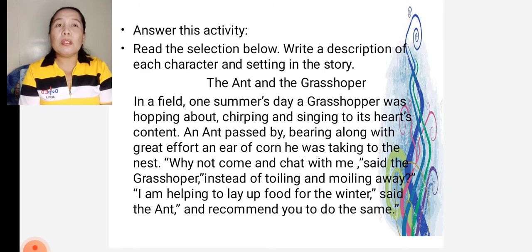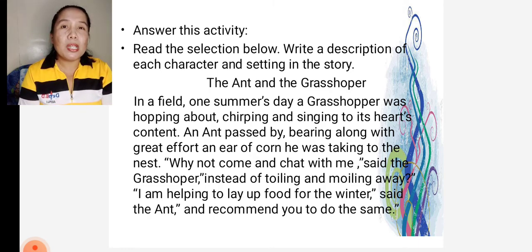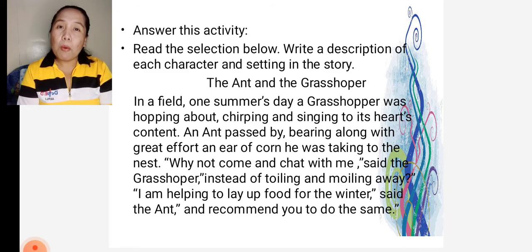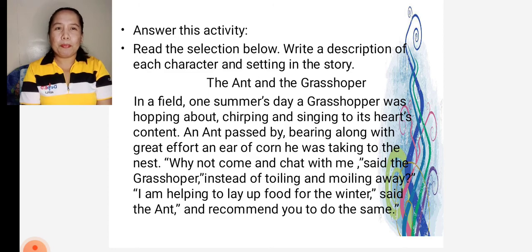Kung mag-ingon nga ko i-describe ang each character, meaning imong i-describe unsa nga klase nga character. Honest ba siya? Humble ba siya? So, depende kung unsay gidala niya nga character sa story. Did you get it? Okay, let's start now.